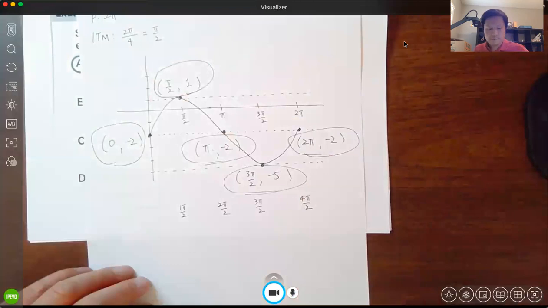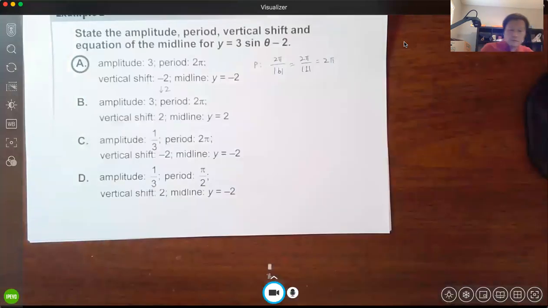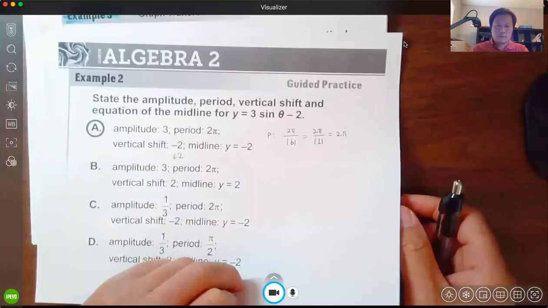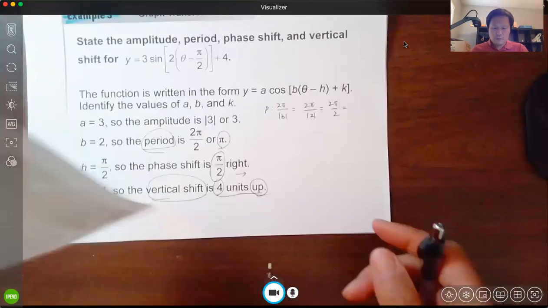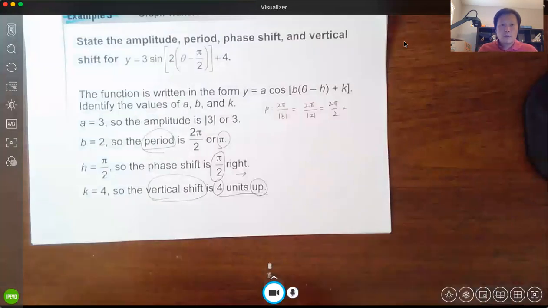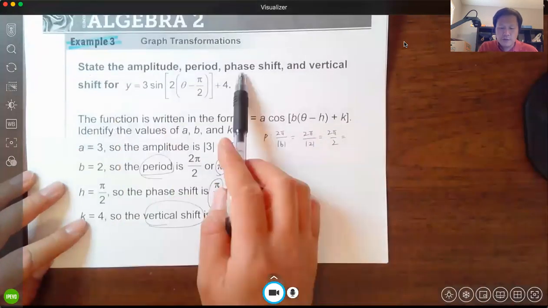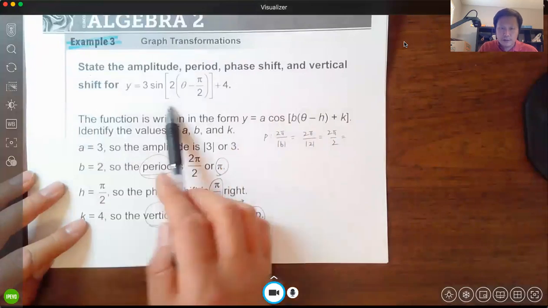Next question. State the amplitude, period, phase shift, and the vertical shift for this. Okay.